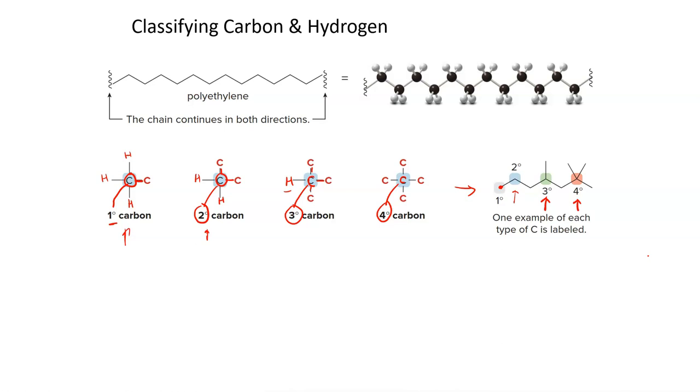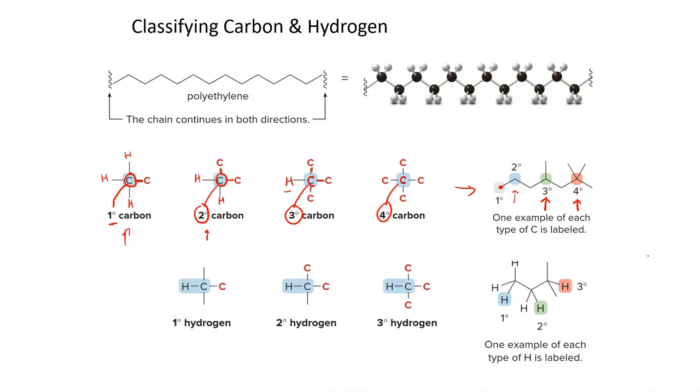What we also want to know is that sometimes we'll refer to different hydrogens. Since hydrogen is always going to be attached to something, we refer to the hydrogen value by what it's attached to. So a primary hydrogen is attached to a carbon that's attached to just one other carbon.